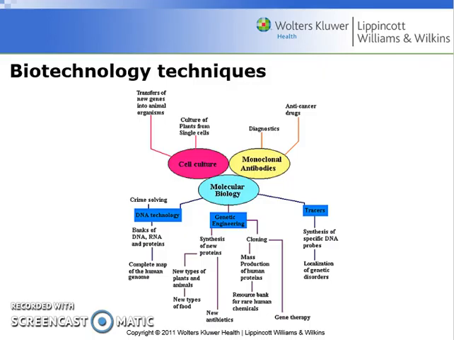Some other techniques is culturing. On the diagram that's listed is culturing of plants from single cells. So you kind of want to generate different cultures where you can essentially take cells and just simply grow them for whatever reason, whether you want to express a protein inside of them, or whether you're just interested and curious to understand further the cell structure.